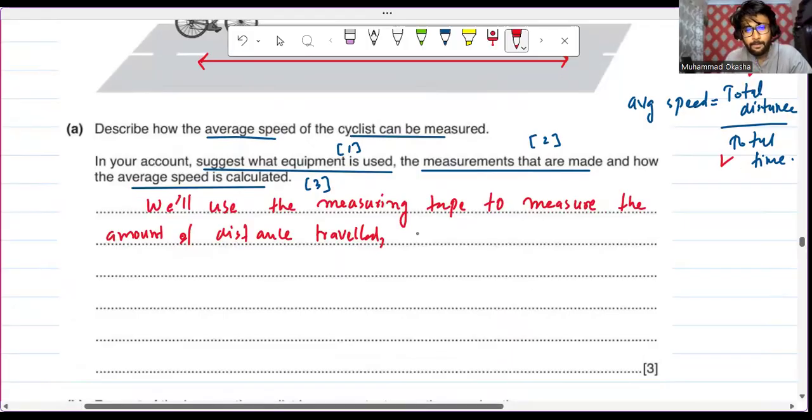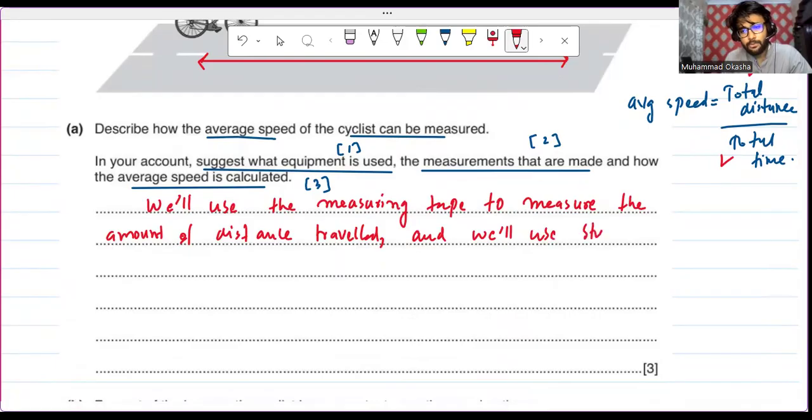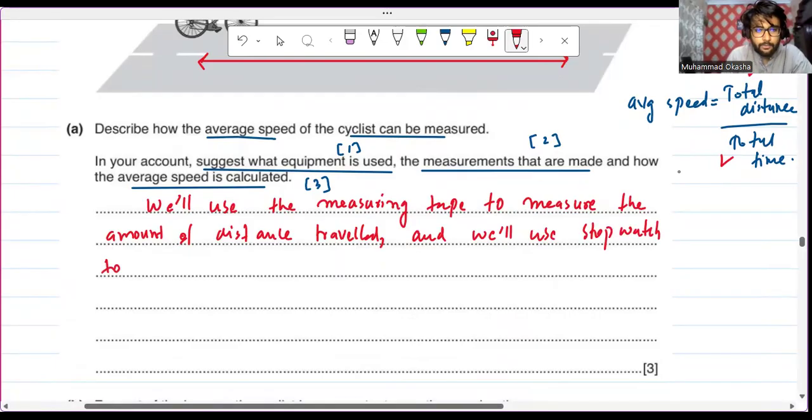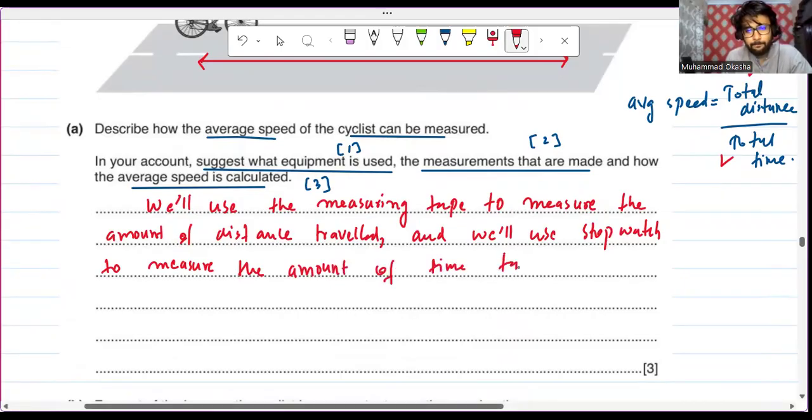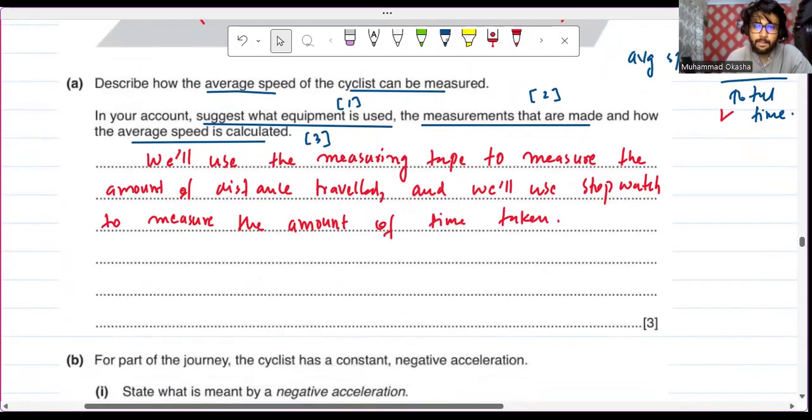And we'll use a stopwatch to measure the amount of time taken. Okay, now you have the total distance and the total time.